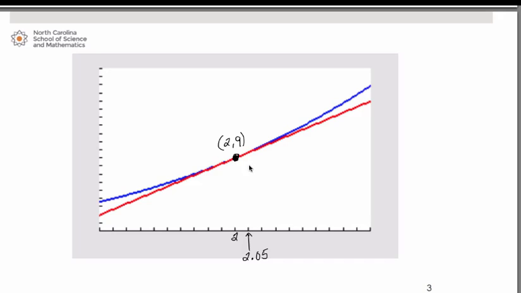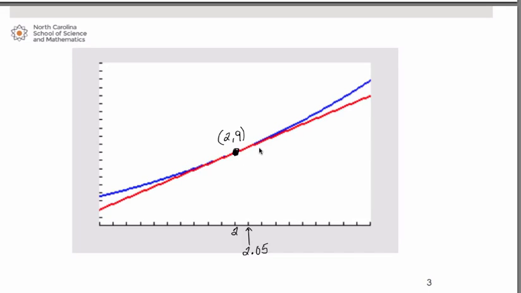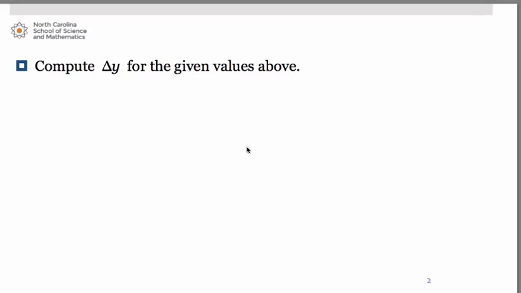They are so close together. So the 0.7 represents the approximate difference between the function value and what we would obtain by using the tangent line approximation instead.